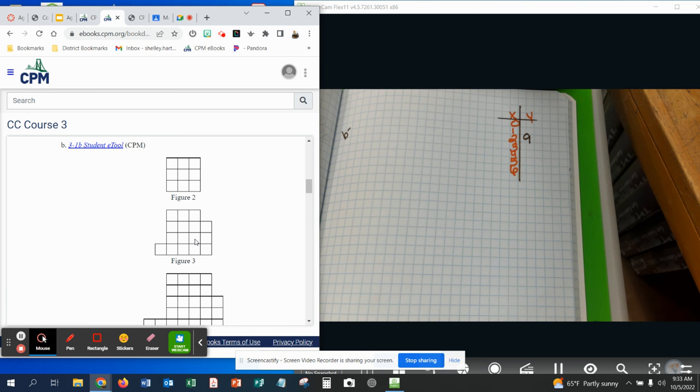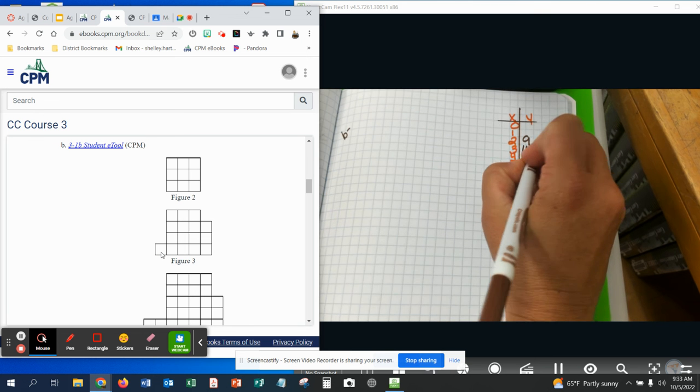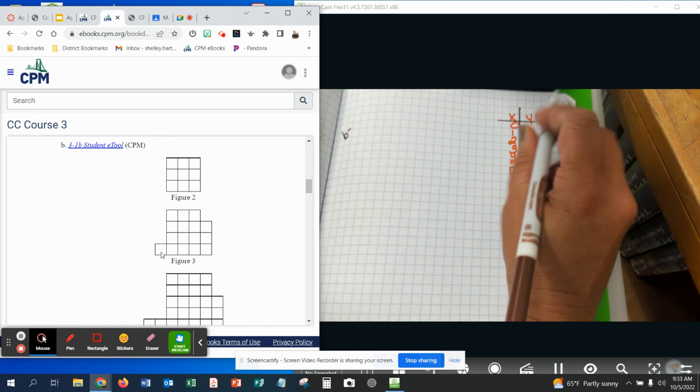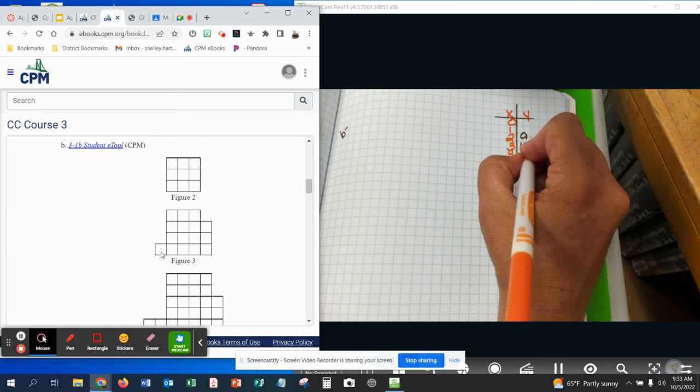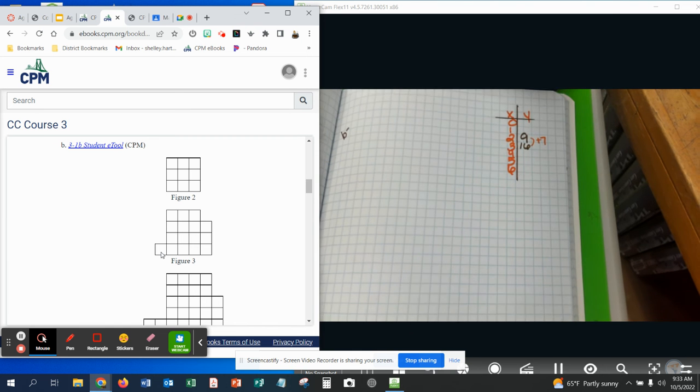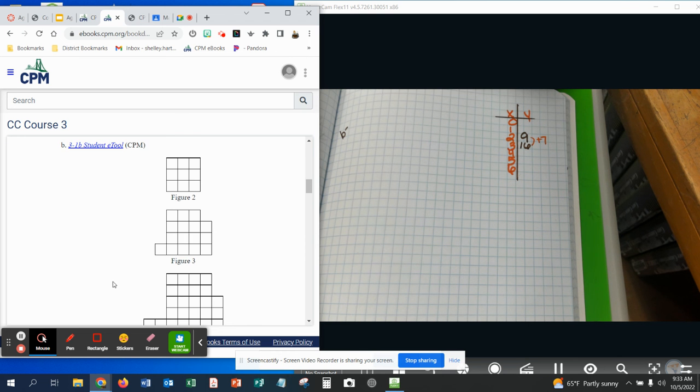Here's our original, 3, 9, 12, 13, 14, 15, 16. Let me make sure. 1, 2, 3, and then 1, 2, 3, 4, 12, 13, 14, 15, 16. Yep. So figure 3 is 16. So we're thinking it's possibly a plus 7. Does that make sense? Possibly a plus 7.